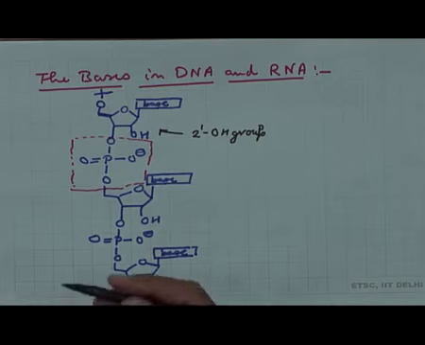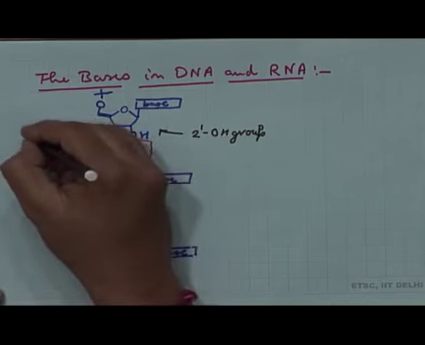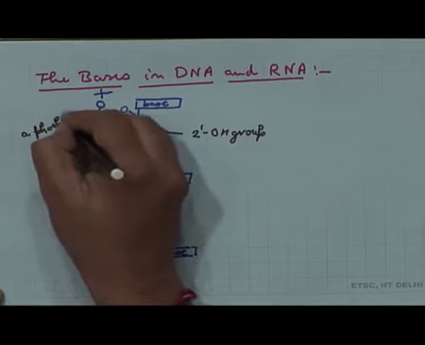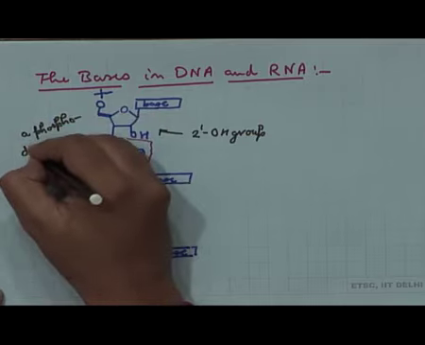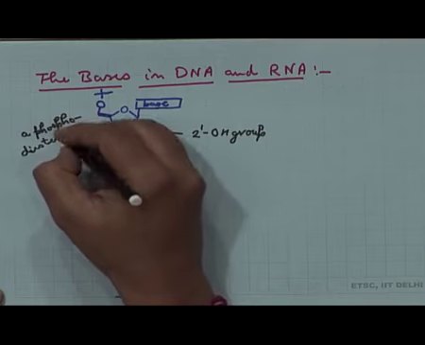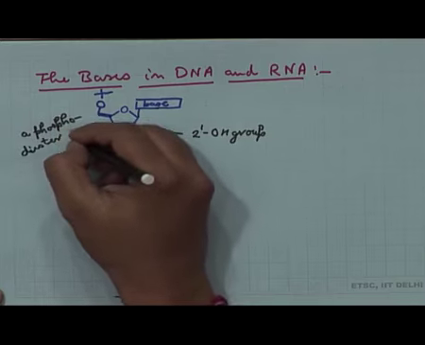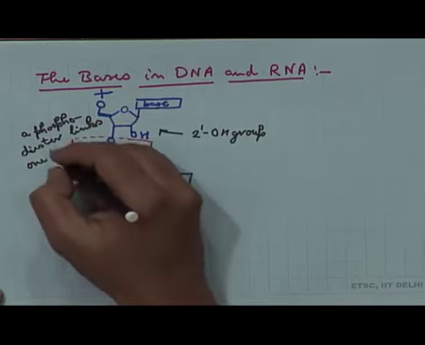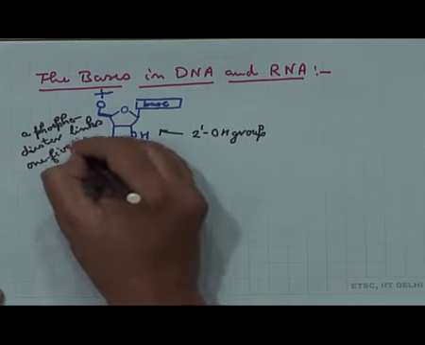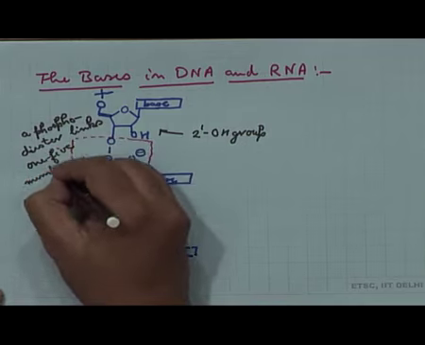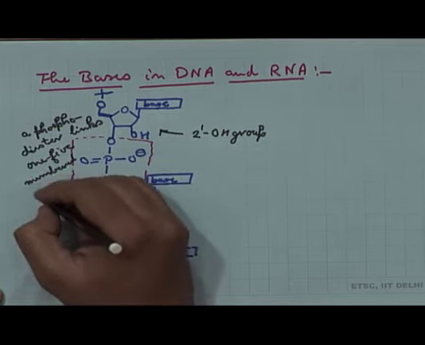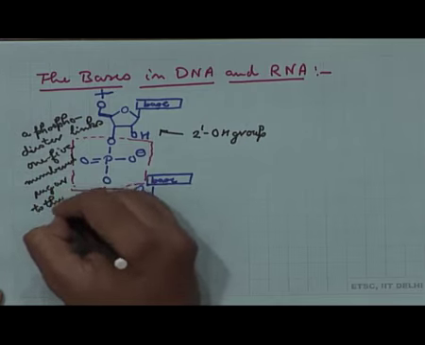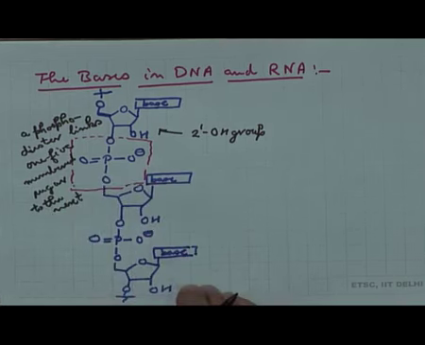A phosphodiester links one 5-membered sugar to the next.